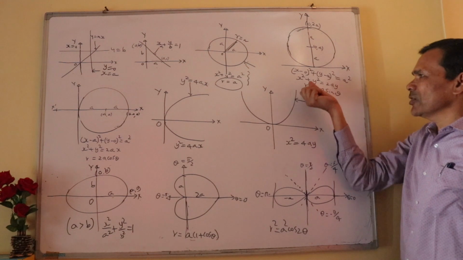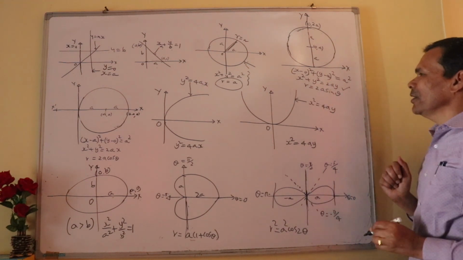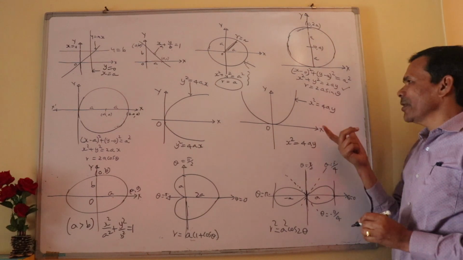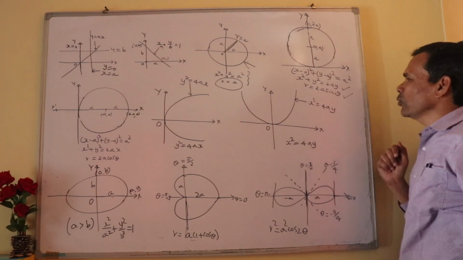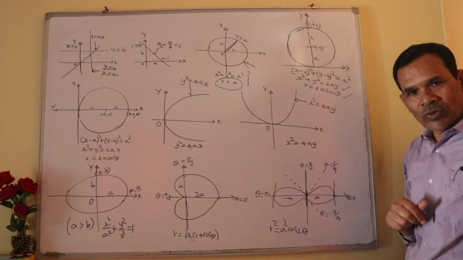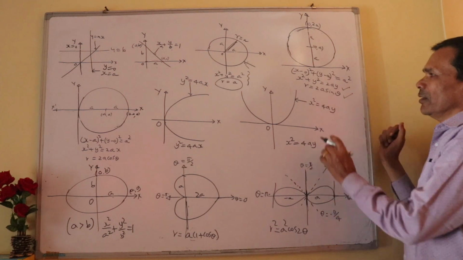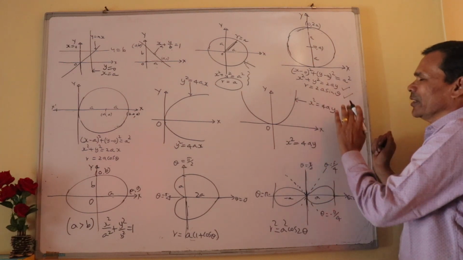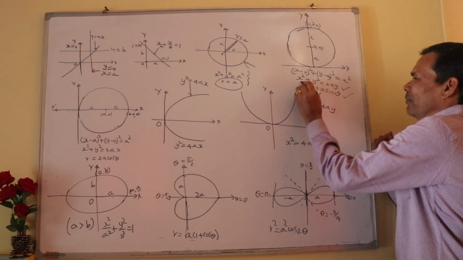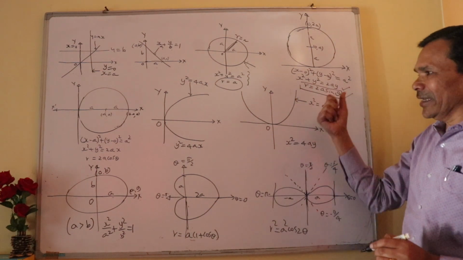If you simplify this, you get x square plus y square equal to 2ay, which is also a form taken sometimes. Similarly, r equal to 2a sin theta is the polar equation of this circle. So r is the length of the radius vector, theta is the angle. This is always taken as the polar equation for the circle touching the x-axis.